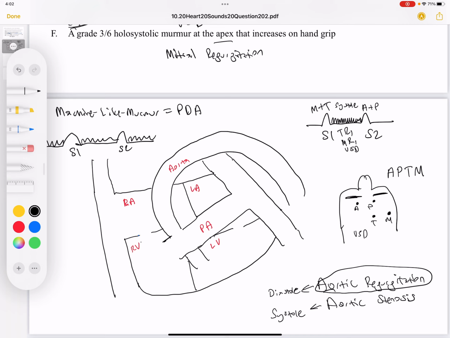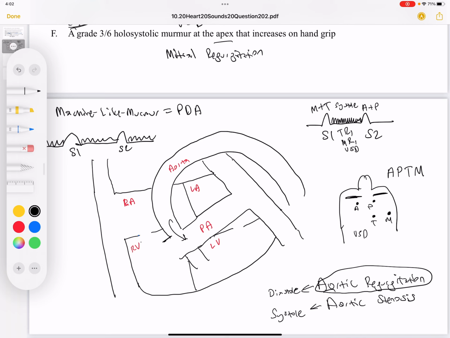Because after we're born, the pressure in the aorta is always going to be higher than the pressure found within the pulmonary artery, there's going to be a backflow of blood from the aorta into the pulmonary artery, and this is going to create a murmur.